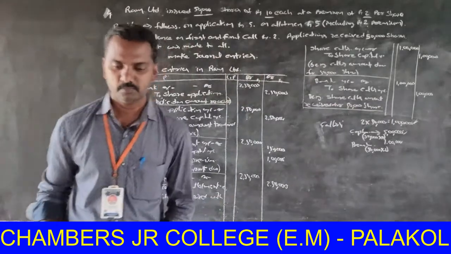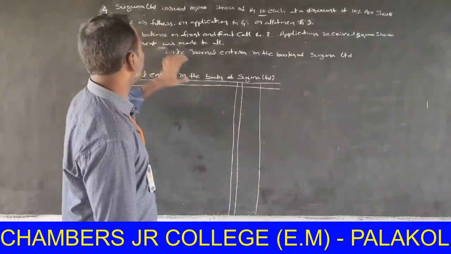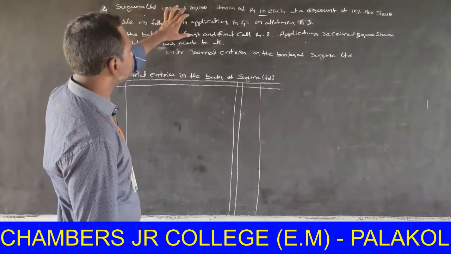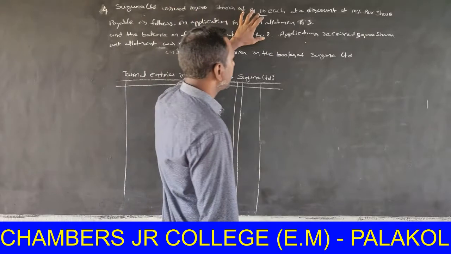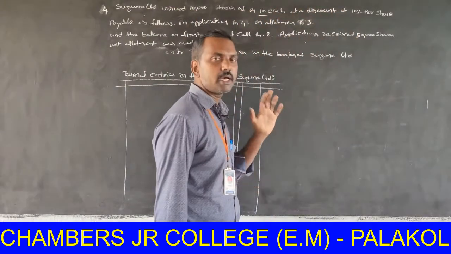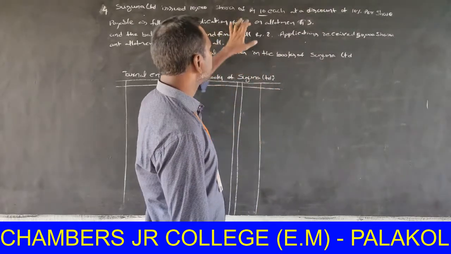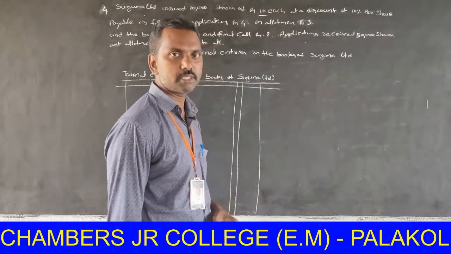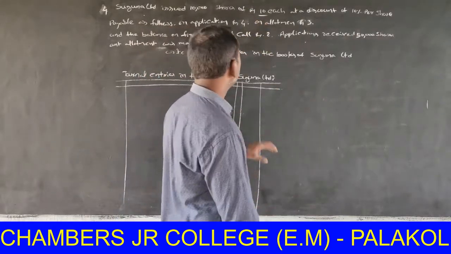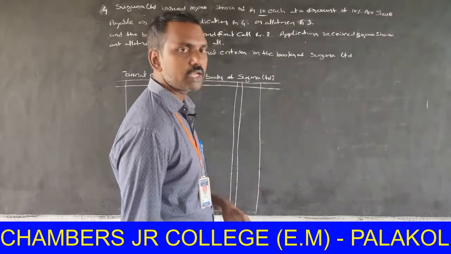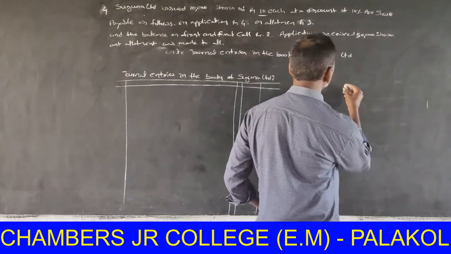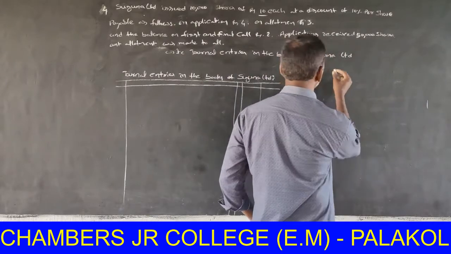Okay. Now let us see another important problem in company accounts. Sugna Limited issued 10,000 shares of rupees 10 each at a discount of 10% per share. Discount means shares issued for less than the face value. The difference is the discount.